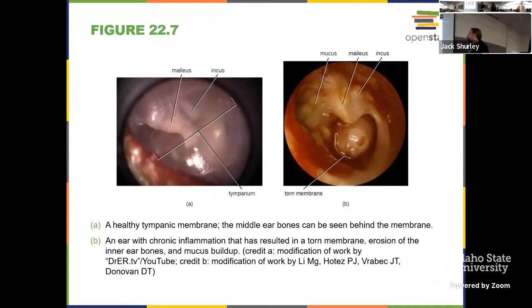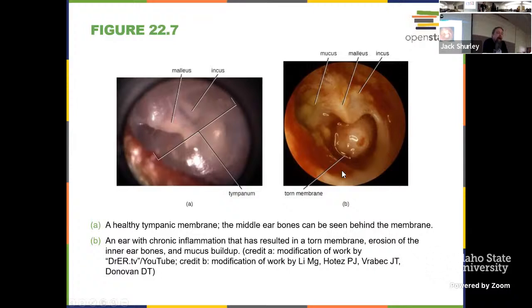So shifting gears the littlest bit to the ear, here we've got a couple of images, a healthy and an infected situation. So the first one with the healthy membrane, tympanic membrane, the eardrum, you can see some of the bones behind there that help to transmit the vibrations so you can perceive sound.